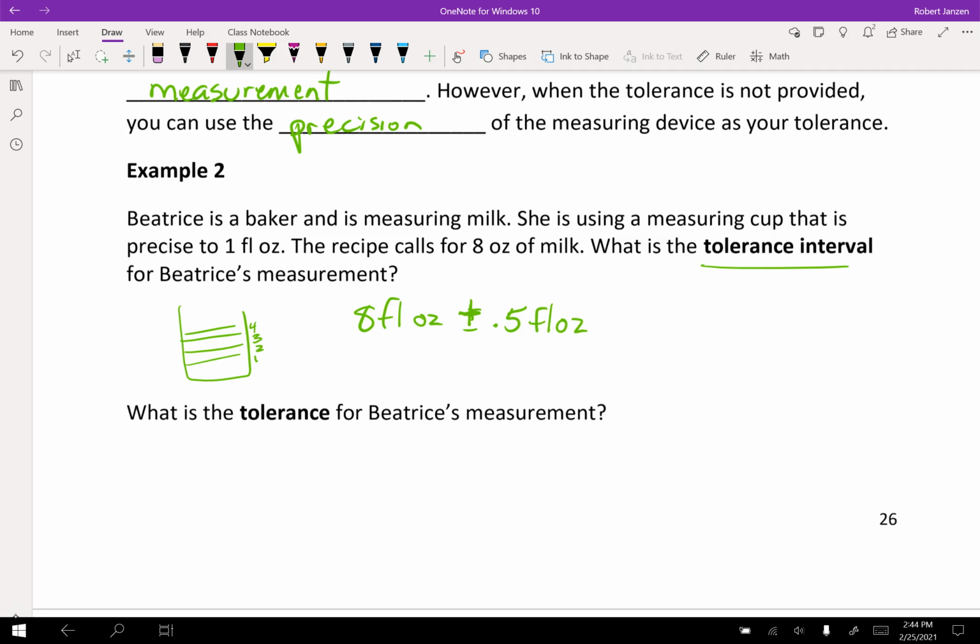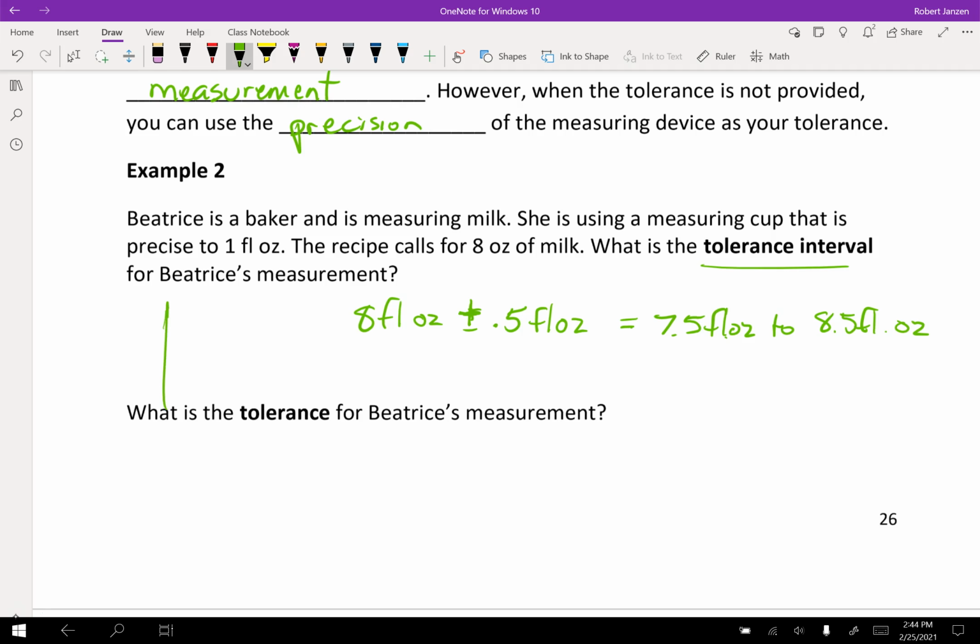So what does that mean? The tolerance interval would be from 7.5 fluid ounces to 8.5 fluid ounces. I hope that makes sense why it's plus or minus 0.5.